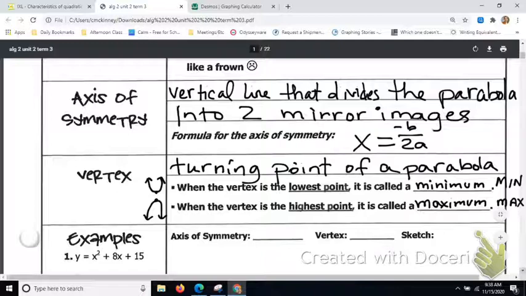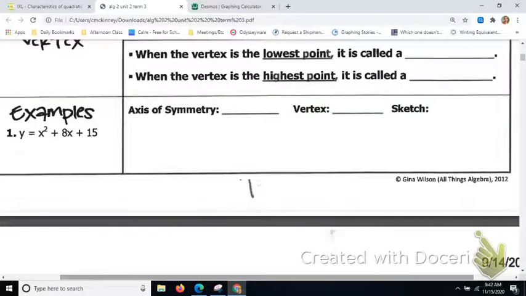All right, so let's look at a quick example. It's going to be very sketchy. All right, so for this example, we have the equation x squared plus 8x plus 15. So to find our axis of symmetry, remember that formula is x is equal to negative b over 2 times a.